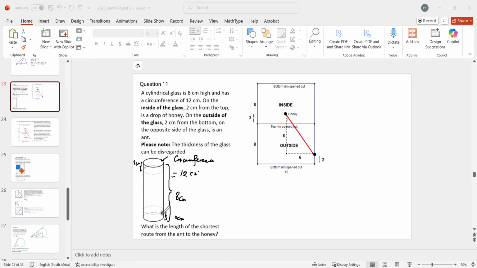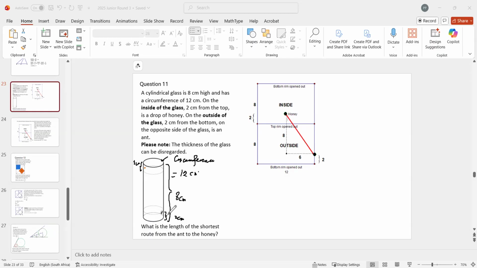But it's on the outside. This ant is sitting on the outside, and that honey is inside. But you can't deceive an ant. That ant will know that there's honey inside the thing there. Somehow these little guys can identify anything that is sweet. So what goes on here? So what is the length of the shortest route from the ant to the honey?